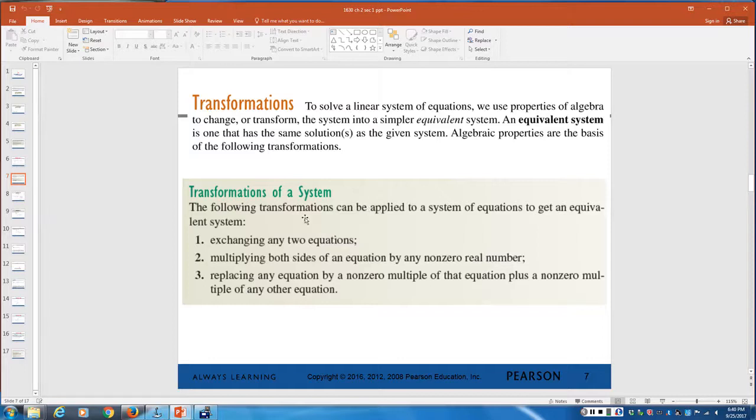The other thing you can do is you can multiply both sides of any equation by any non-zero number. And the last one is that you can replace an equation by a non-zero multiple of that equation plus a non-zero multiple of the other one. In other words, don't multiply by 0.